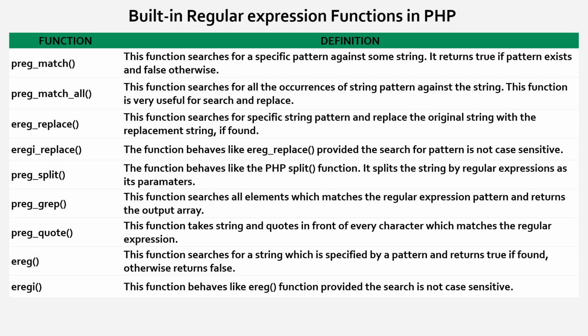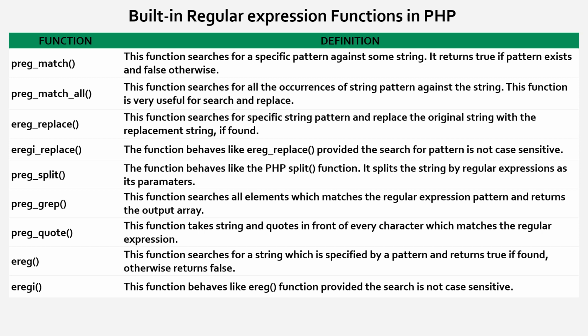Now we are going to discuss built-in regular expression functions in PHP. Here are the example functions. First, preg_match, which stands for regular expression match. This function searches for a specific pattern against some string and returns true if that pattern exists and false otherwise. For example, you want to check name validity.